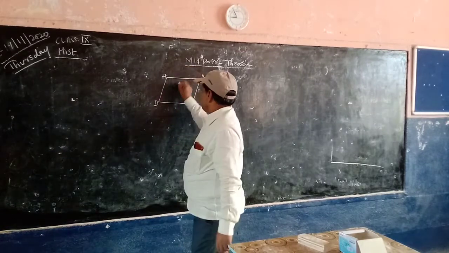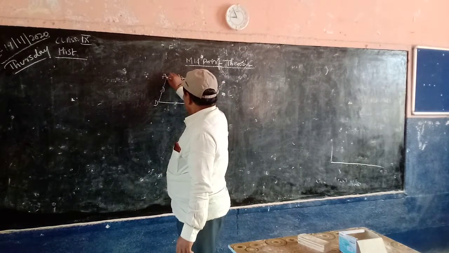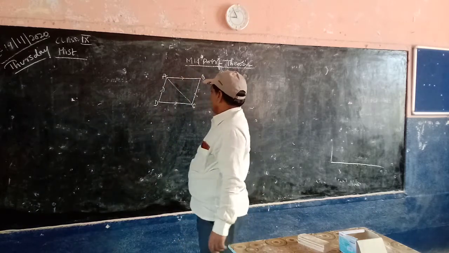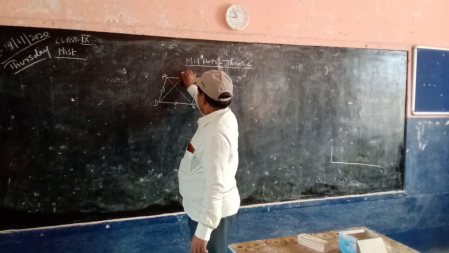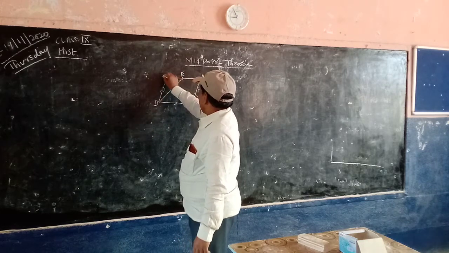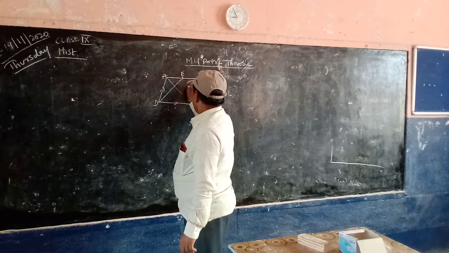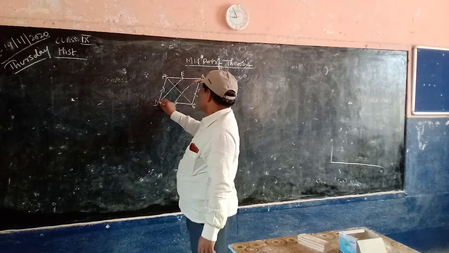ABCD is a parallelogram and AC is the diagonal. E is the midpoint of AB and F is the midpoint of DC.